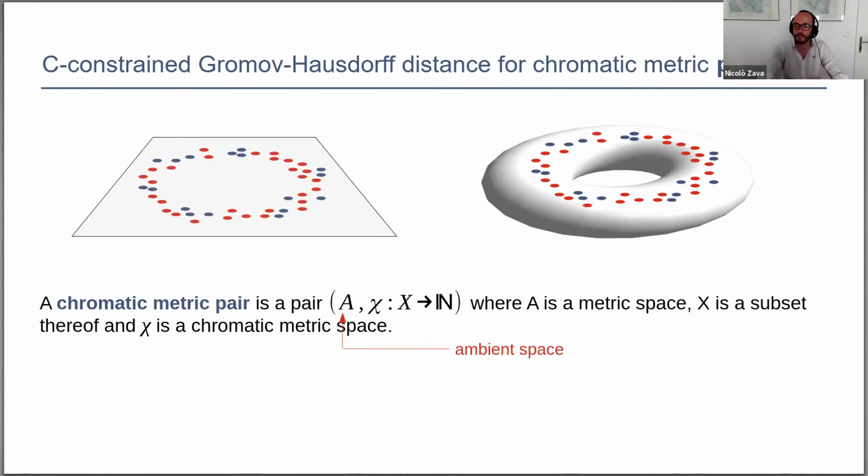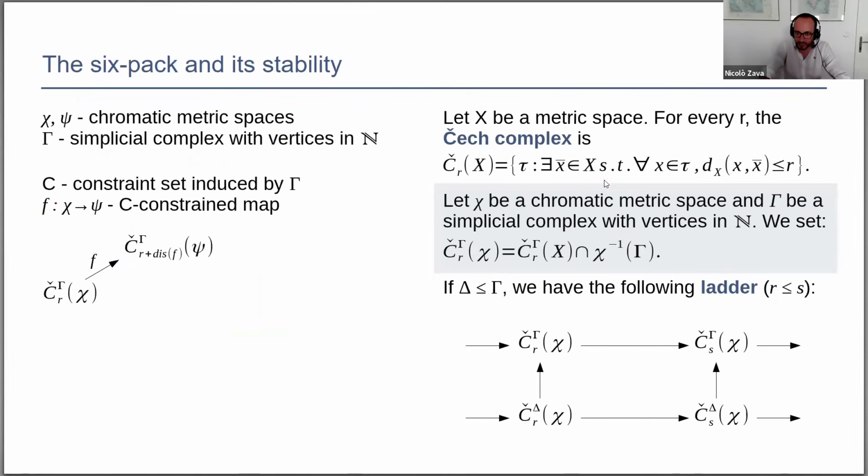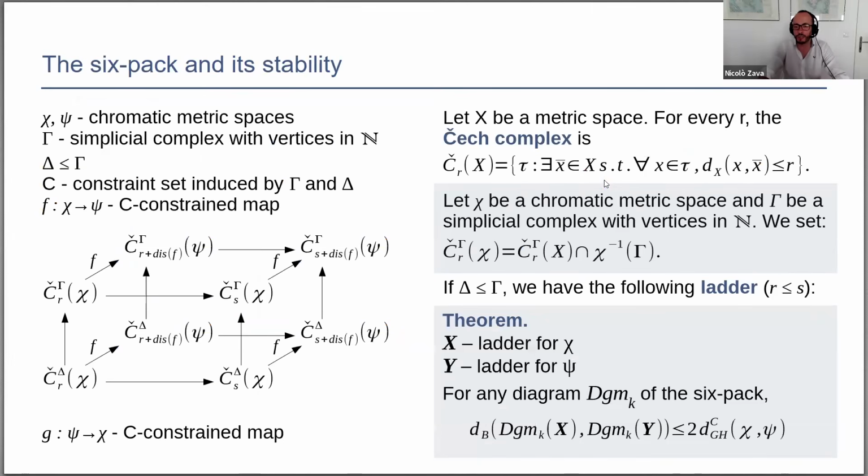And in the monochromatic case, there is no need to color the data set in principle. If you have all the points of one color, let's say black, then this stability can be used to show the stability of the ambient Čech complex.